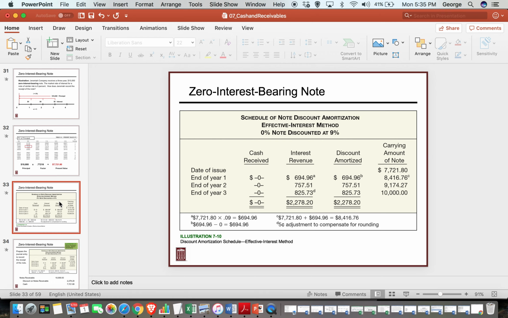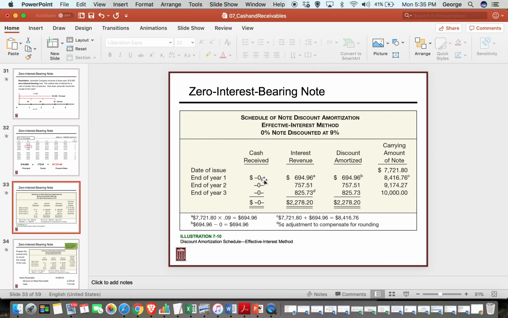Then we're going to use that 9% to compute our interest revenue. The carrying amount of the note is $7,721.80, and the interest revenue for the first year is $7,721.80 times 9%, the market rate of interest. Remember, in the bond problem they actually had some cash.